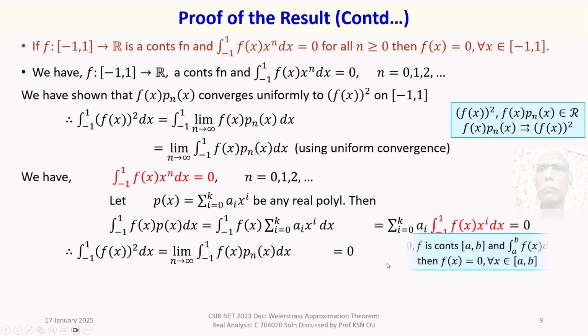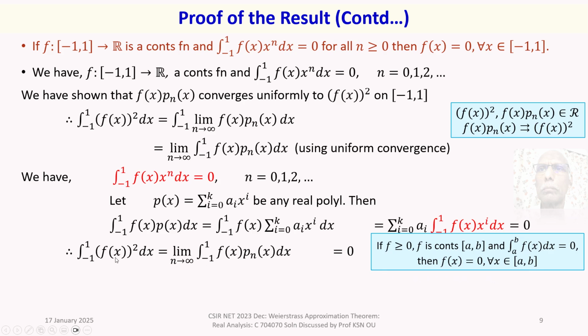Now you recall a result. If f is greater than or equal to 0, f is continuous on the closed interval a comma b, and the integral from a to b of f of x dx is equal to 0, then f of x is 0 for all x belonging to the closed and bounded interval a to b.